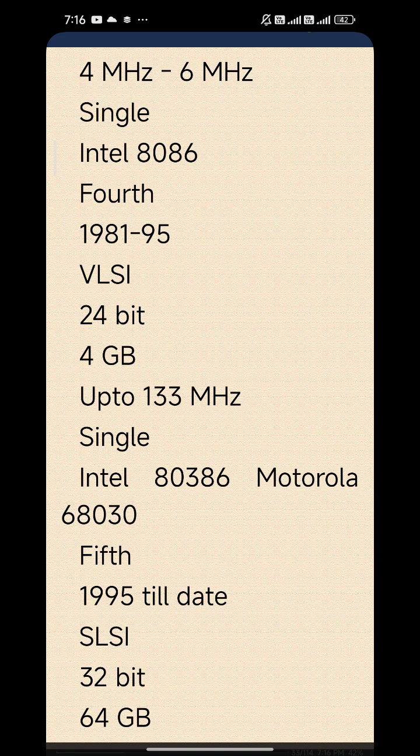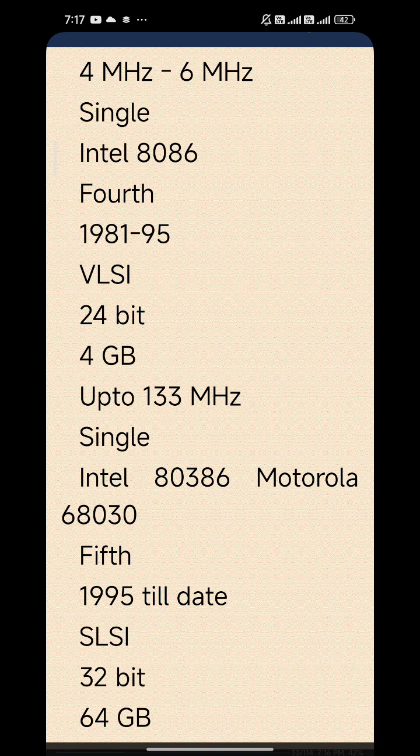Fourth, 1981 to 95, VLSI, 32 bit, 4 GB, up to 133 megahertz, single, Intel 80386, Motorola 68030.